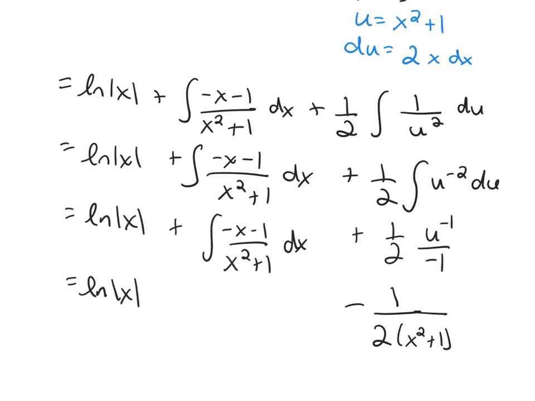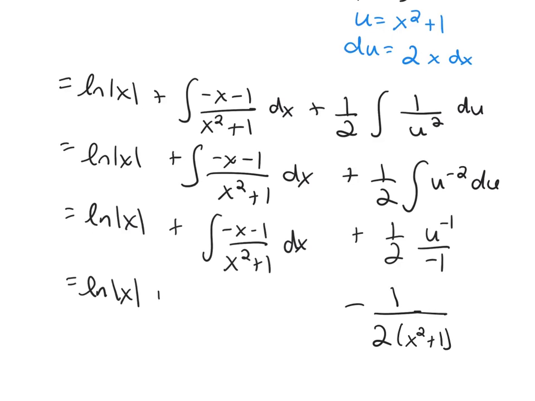For the middle integral, this is a rational function, right? The degree is smaller in the numerator. So maybe you would try to factor the denominator. Does the denominator factor? Shaking your head no, right?